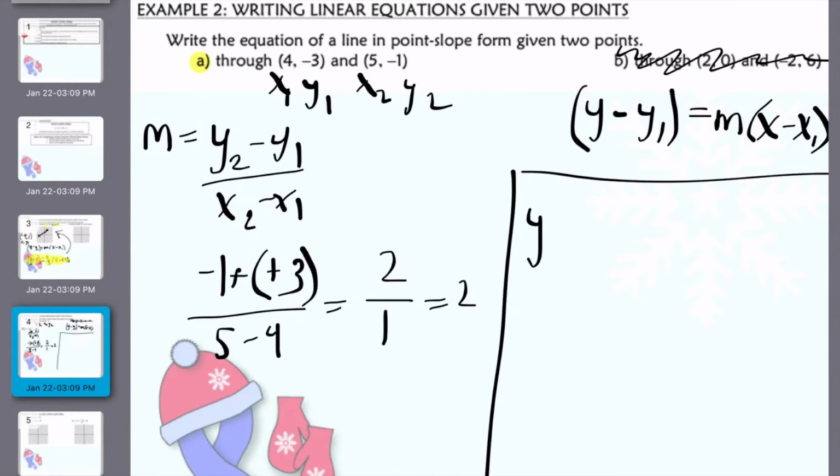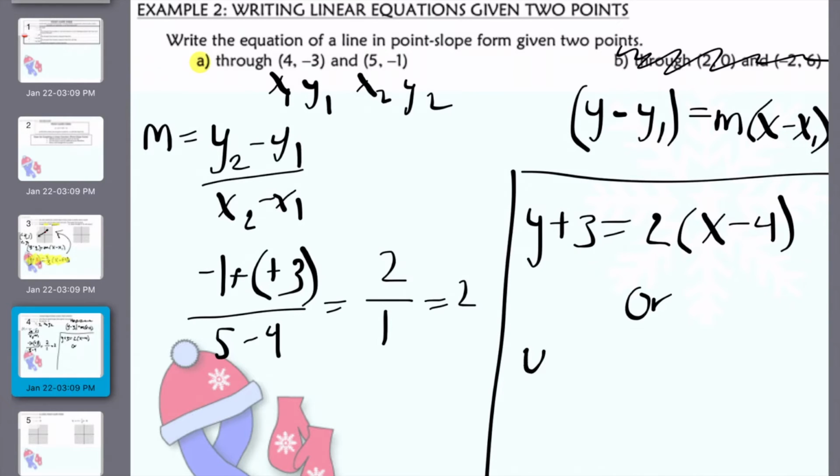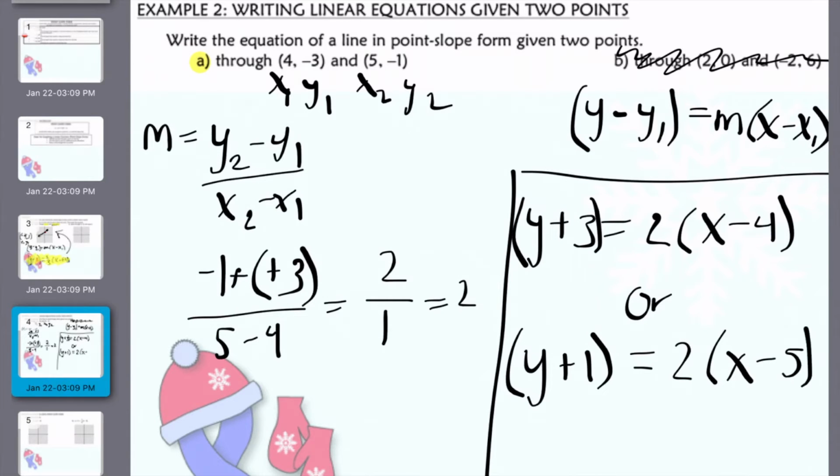So I could do y minus -3, which is the same thing as y plus 3, equals 2 times x minus 4, or I can use y plus 1 because it's y minus -1. Let me put parentheses on those, equals my slope, which is 2 times x minus 5. Both of those equations are perfectly fine, and in fact, they will get you the same exact line.